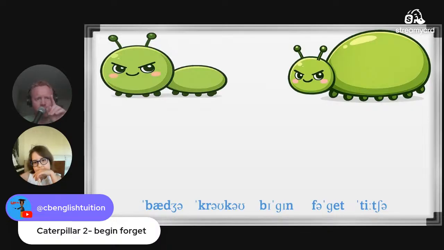It looks like an apostrophe. That shows us where the stress is. If the stress is at the beginning, it's syllable 1 stress. Forget, do you see the little line? It's in the middle, so that shows us it's a syllable 2 stress. Sorry, I can't use this with my pen, so I can't explain very well.